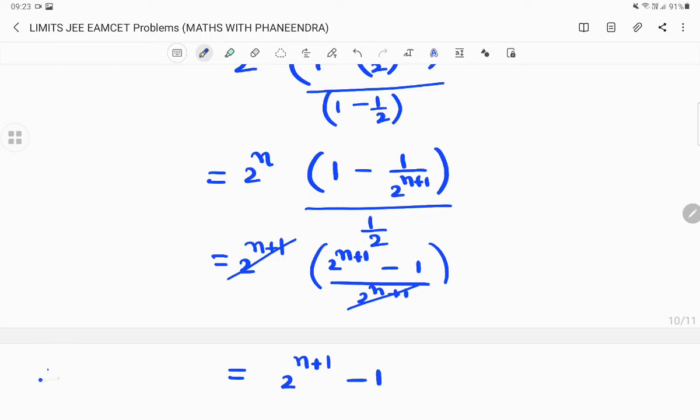So therefore summation r equal to 0 to n, a power r b power n minus r, is equal to 2 power n plus 1 minus 1.